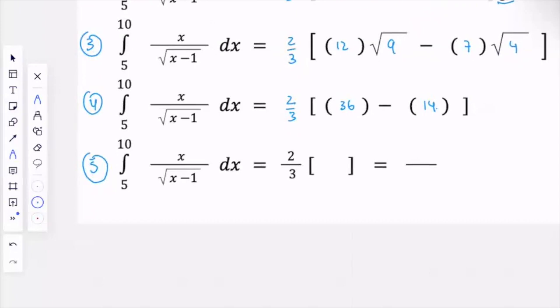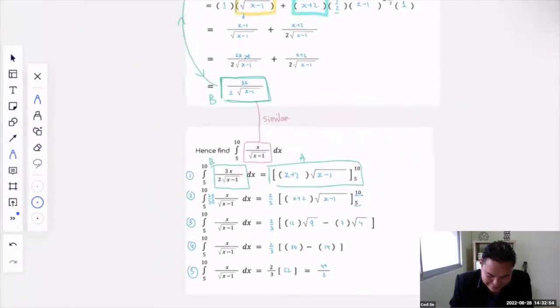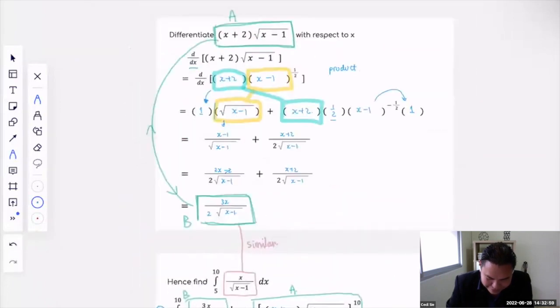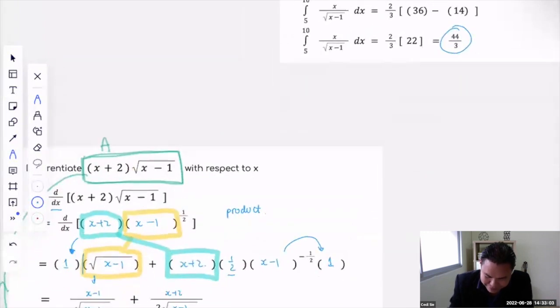So the last step, we simplify everything. 36 minus 14 is 22. Times 2/3 is 44 over 3. So that's the answer. We check the answer key on top here. Yes, it is 44 over 3.